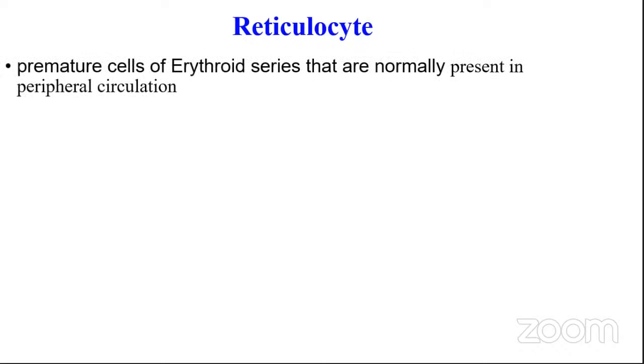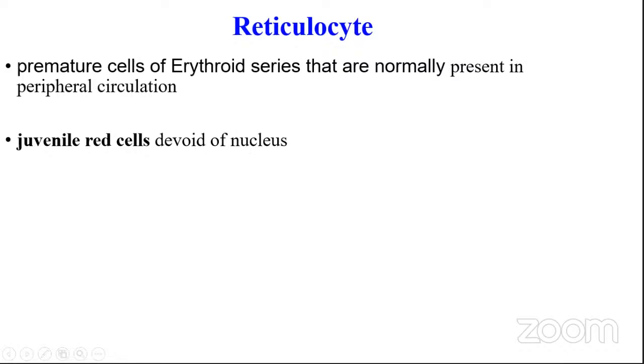Next is the reticulocyte. This is the premature cell of the erythroid series, also called juvenile red cells, devoid of nucleus. In the last stage the nucleus was becoming pycnotic, and in the reticulocyte there is complete absence of the nucleus.